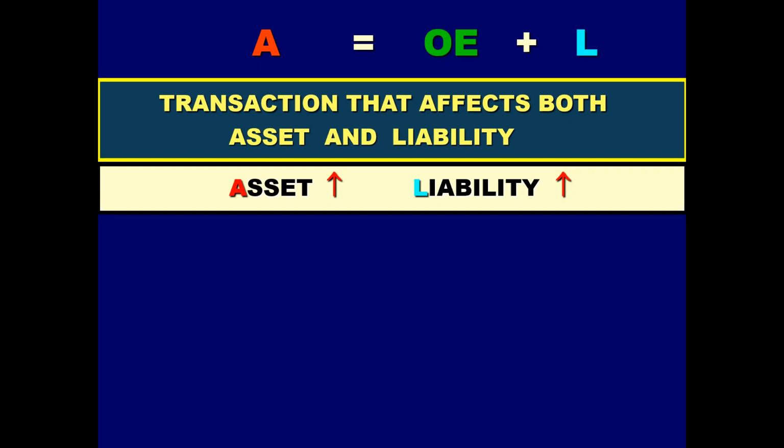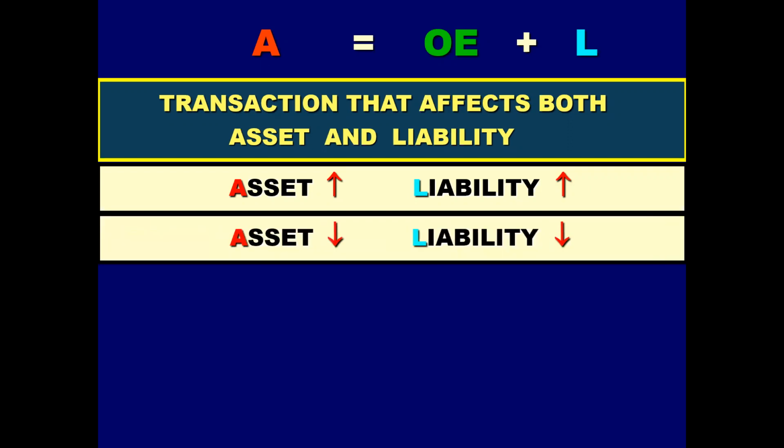The whole accountancy, the whole accounting, has transactions, so you need to understand these five rules. First rule, asset increase, liability also increase. Second rule, asset decrease, liability also decrease. I'll explain with examples.